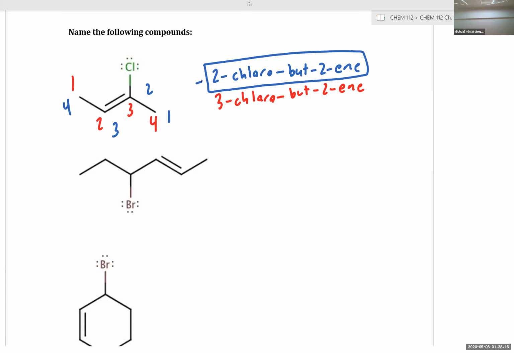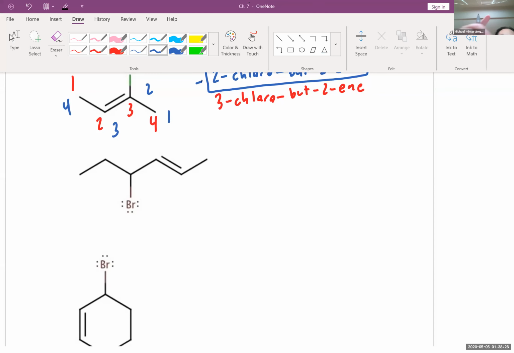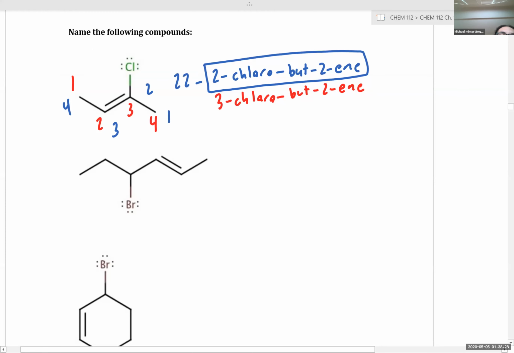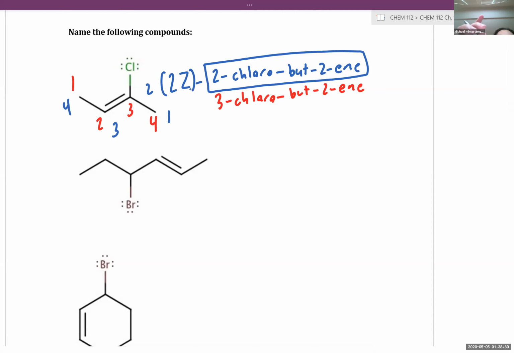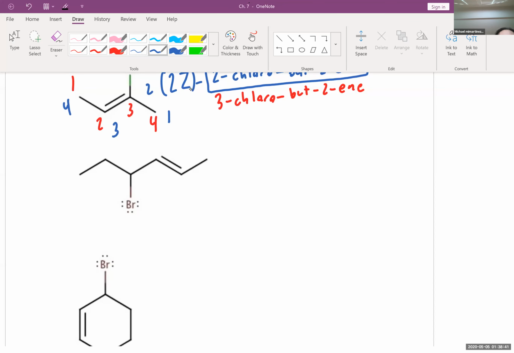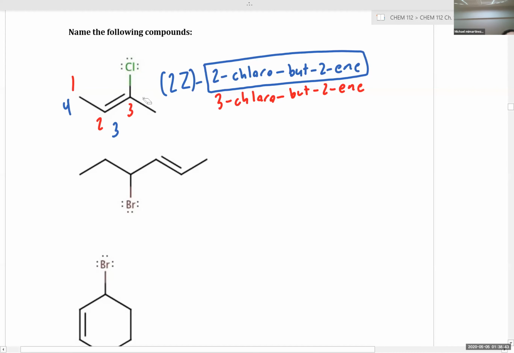So let's talk about that. Yep, this would be 2Z. So let's explain what's going on here. Man, my 2's and Z's look too similar. 2Z, there we go.